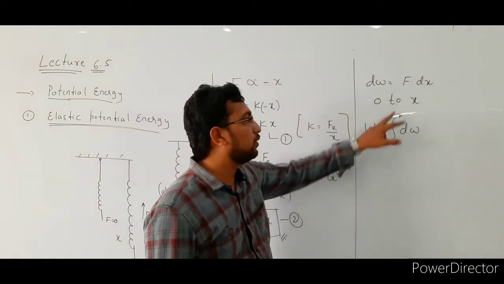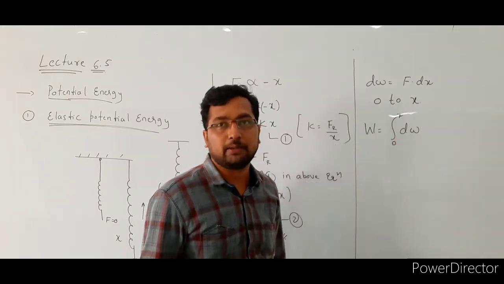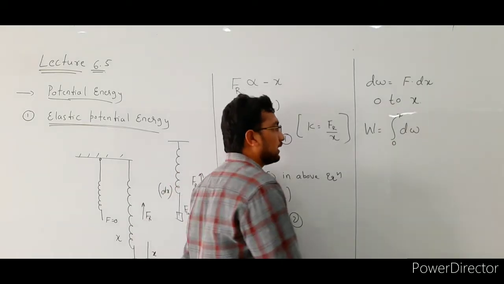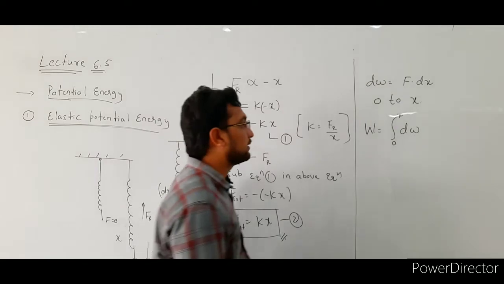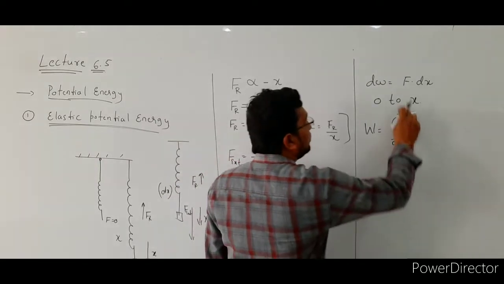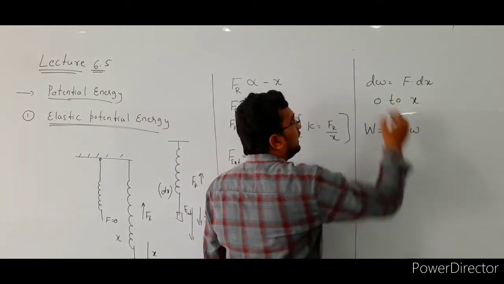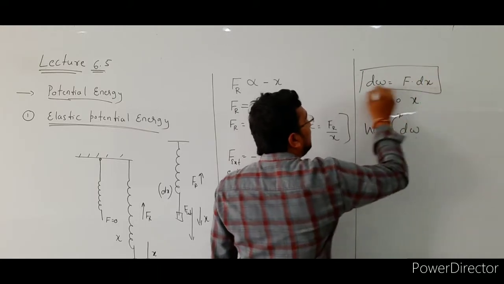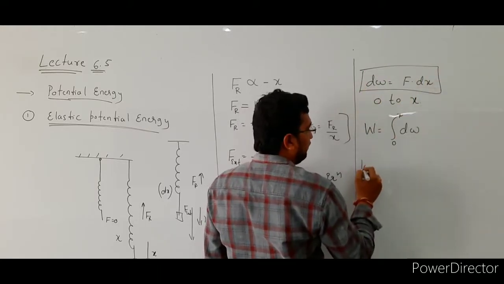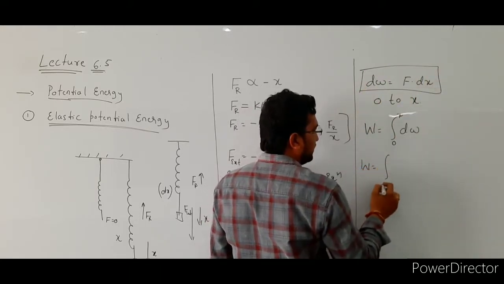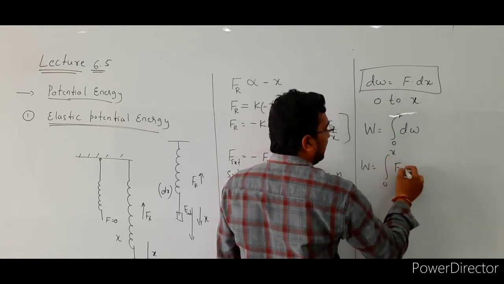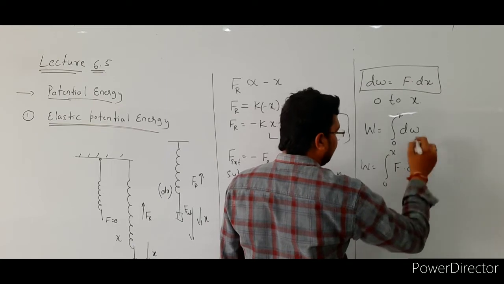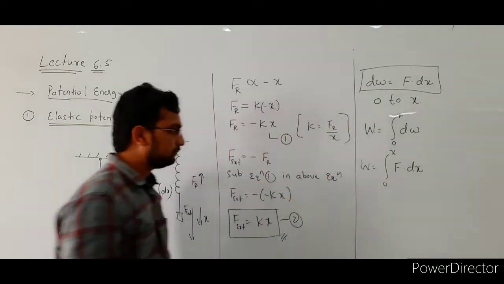That work is equal to integration of small work done from 0 to x. Then substitute the dW value here, then W is equal to integration from 0 to x of F into dx.